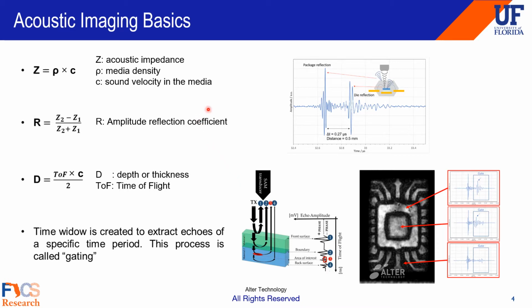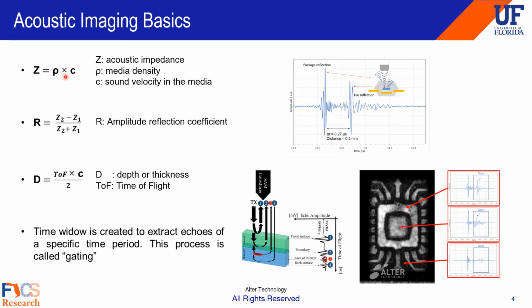Here are some important properties about SAM. First, we have the acoustic impedance. The impedance equals the media density times the sound velocity in that media. Different materials will have different acoustic impedance properties, and the physics behind wave reflection is closely related to it.